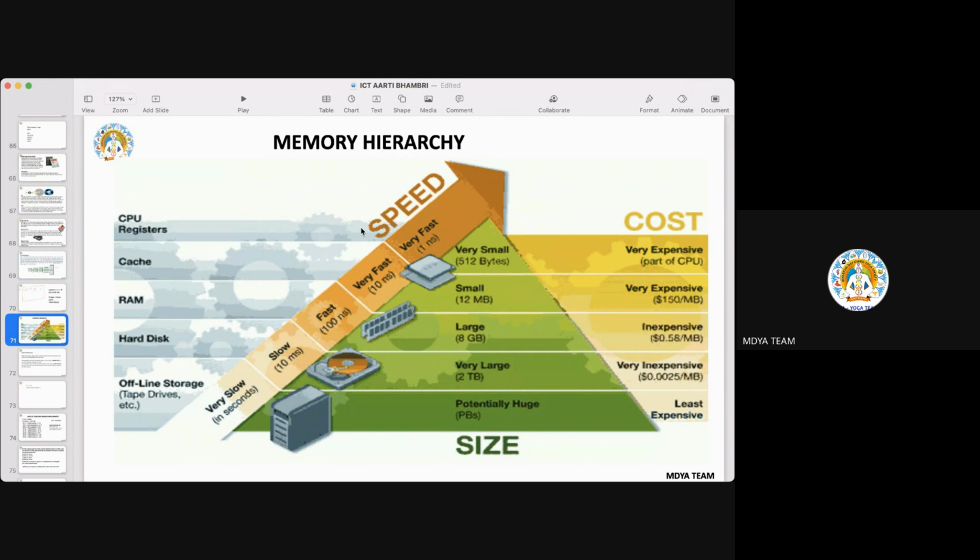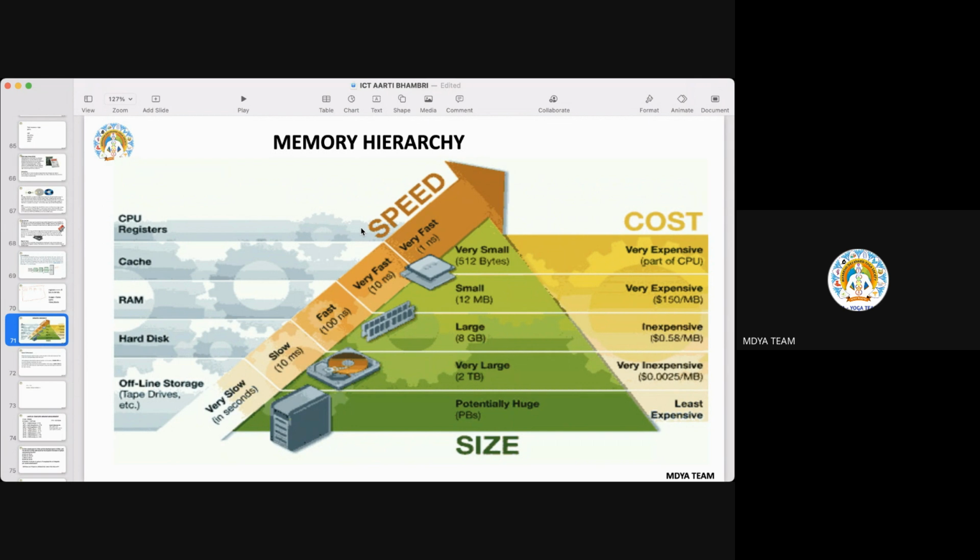So this is the hierarchy. This is an important slide. You should just fix this diagram into your brain, into your memory. Right? Because sometimes they ask questions about the speed.